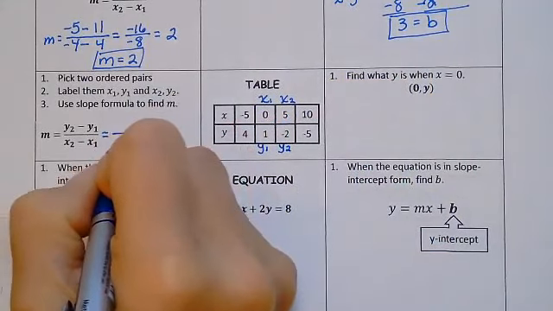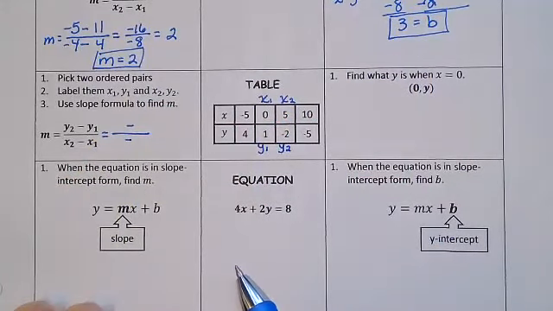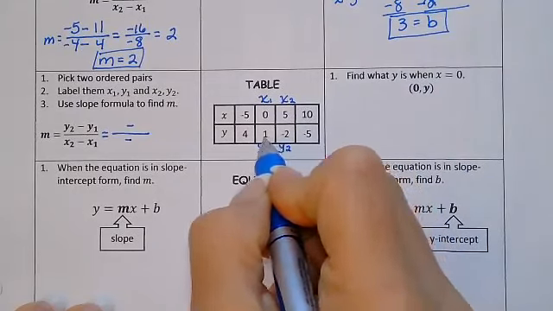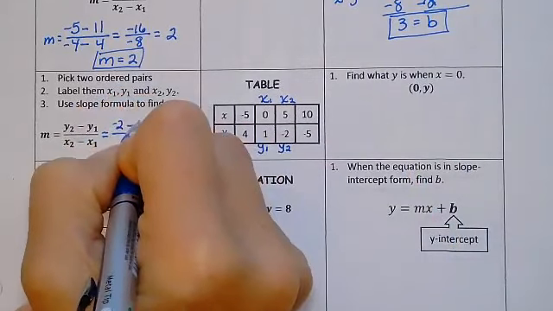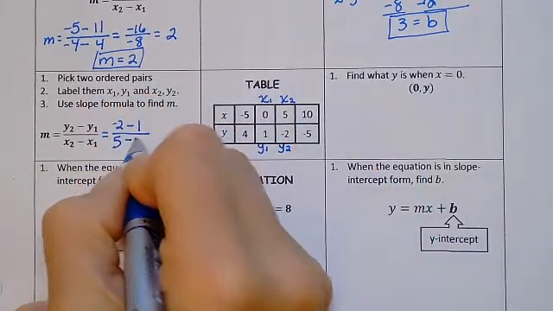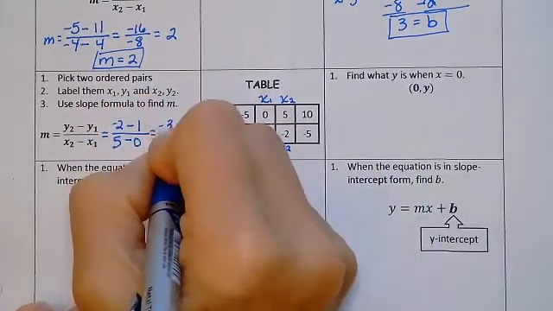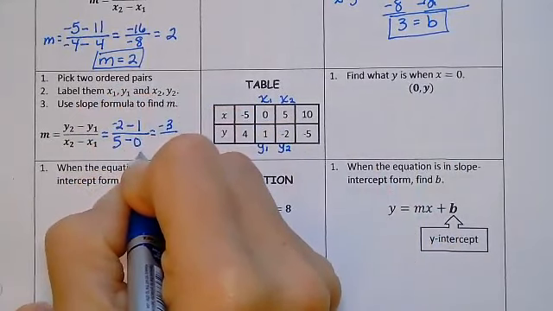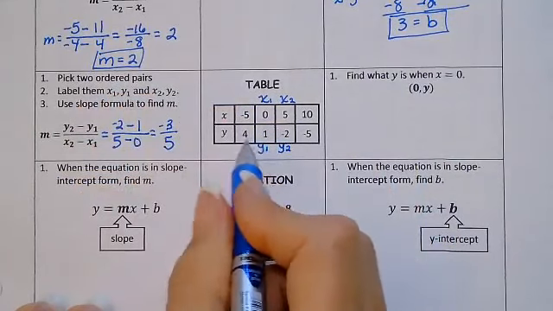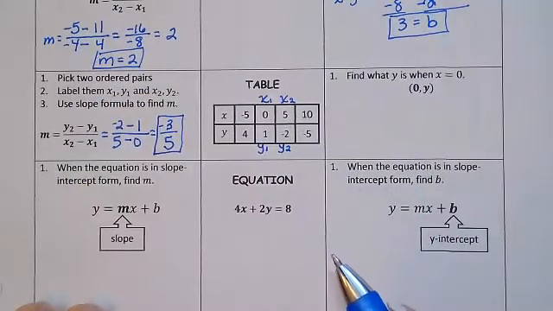So again, I'm going to make my frame and put my divide sign and my two minus signs. -2 and 1, 5 and 0. Okay, so I have -2 minus 1 is -3, and 5 minus 0 is 5. So the slope or rate of change is -3/5.